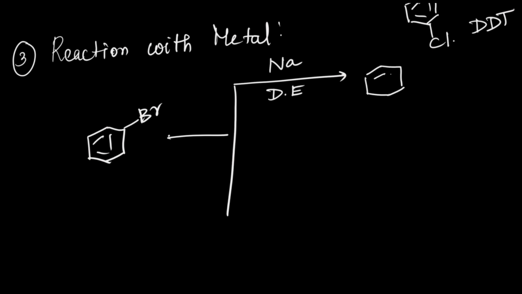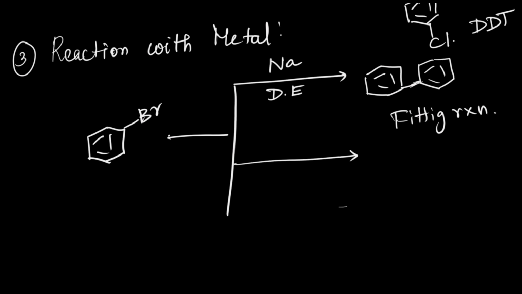For example, it will produce diphenyl or biphenyl, which means the higher order of arenes. This is called Fittig reaction.